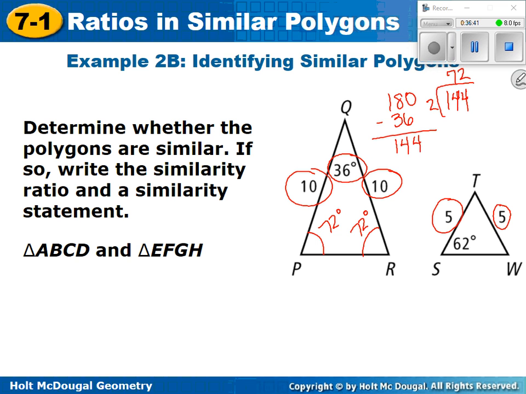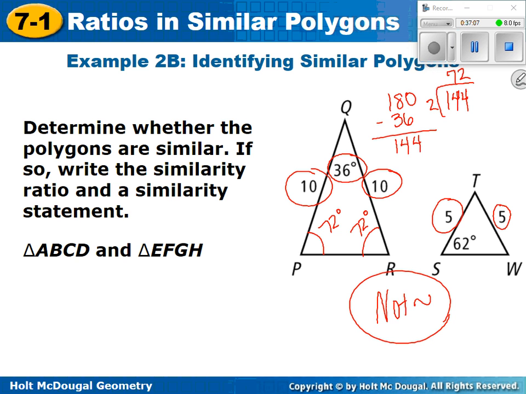But as soon as I realize they're not going to be congruent, do I need to go any further? No. So are these polygons similar? No. So we're going to put not similar. And therefore, we can't write a similarity statement and we can't write a similarity ratio because they're not similar. Okay, that's why I added a second example because these weren't similar, so we needed to see how to do it if they were similar.